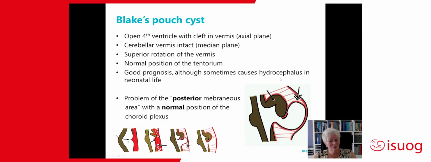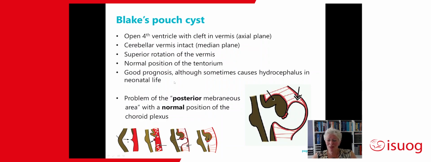So, if we have a Blake's pouch cyst or a persistent Blake's pouch, we have an open fourth ventricle with a cleft in the vermis in the axial plane. If we look at the sagittal plane, we have a normal vermis, only we have a superior rotation of the vermis. And we have a normal position of the tentorium.